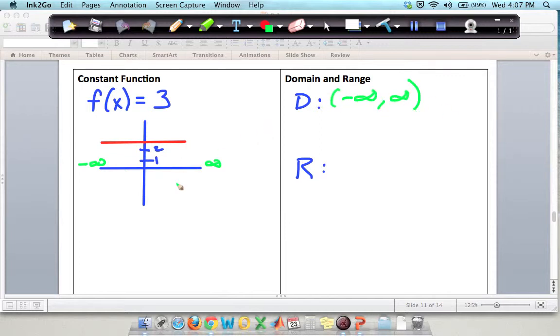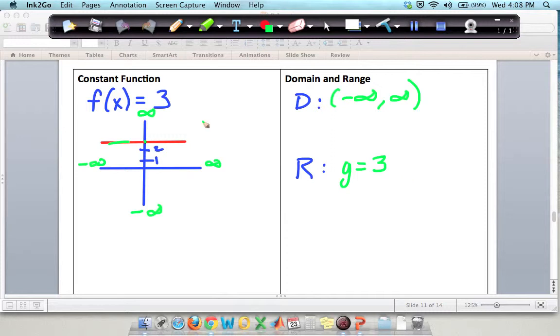Now for the range, when I go from -infinity to infinity on the y-axis, you notice that there's only one y value used ever, and it's always at 3. So here, my y values are just 3. So y equals 3, or it's just, your book actually doesn't use set notation, so we'll just say y is 3.